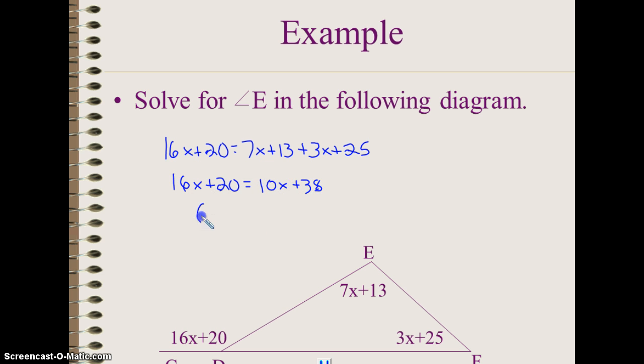So I'm going to take 10x away, and I'm going to take 20 away, and find out that x is 3. Once I have the value of x, I take it back in and plug it into angle E. 21 plus 13 gives me 34. That's the exterior angle theorem. Exterior angle equals the sum of the remote interior angles.